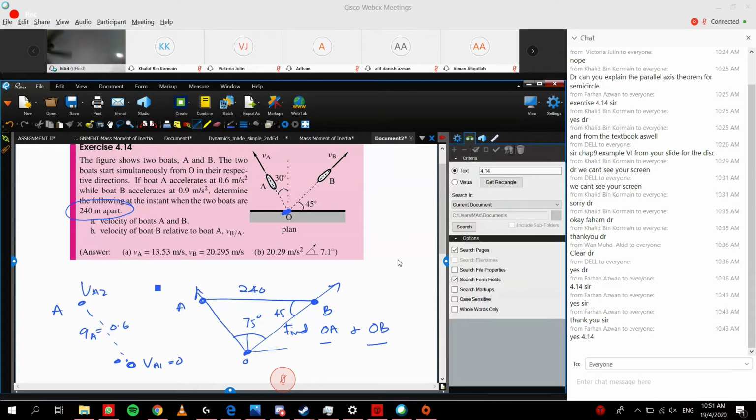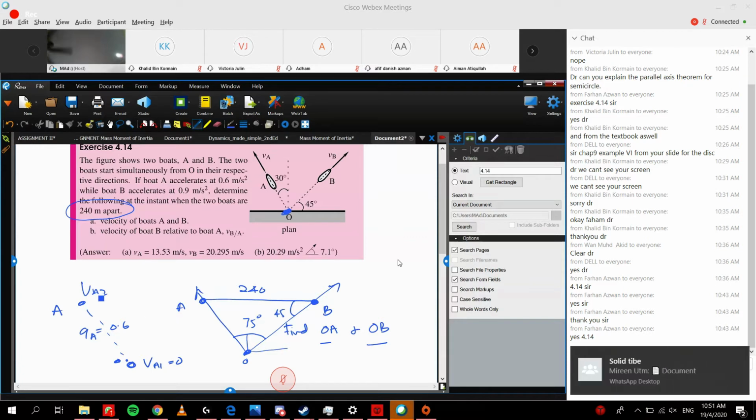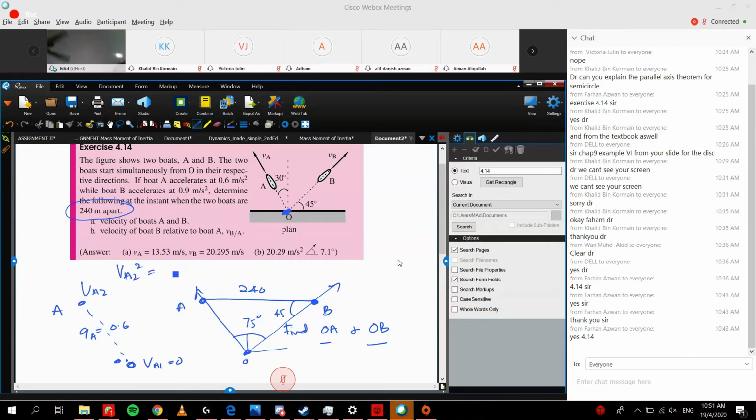You have your initial velocity, your final velocity, and the distance OA. So you can use the formula VA2 squared equals VA1 squared plus 2AA times the distance OA. From here, you get your V at this instant. You need to find VA2, basically. Then you get your VB2 by the same method.